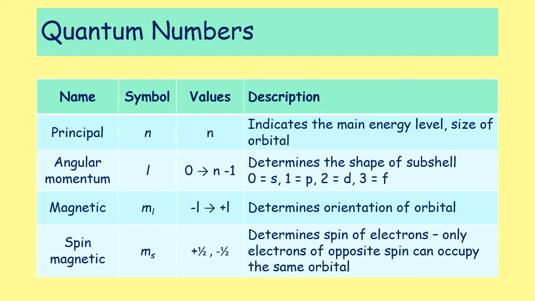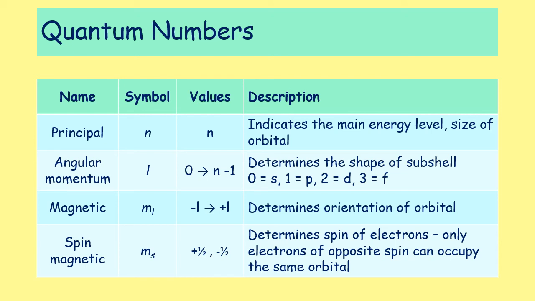And finally, we have the spin magnetic quantum number, sometimes just called the spin quantum number, which is an m with a small s. This only has 2 possible values, +0.5 or -0.5. And this describes what we call the spin of the electrons.